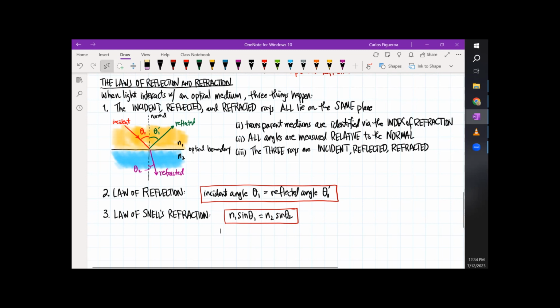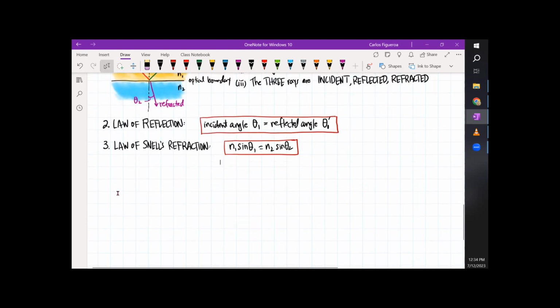So now what we really want to do is spend all our time effectively on the index of refraction. That's what this chapter is primarily about.